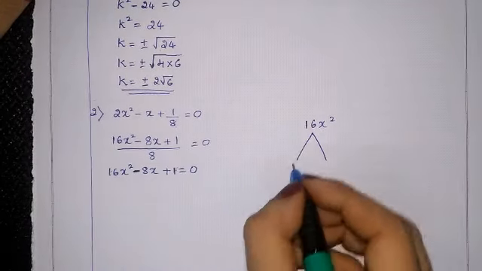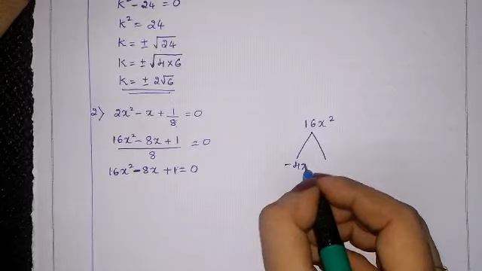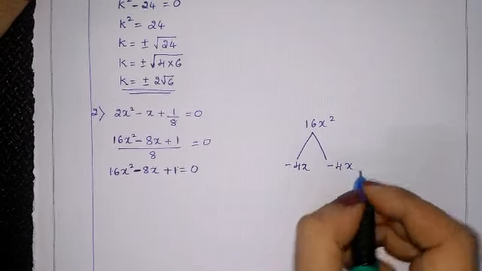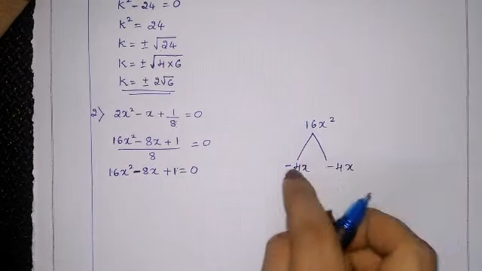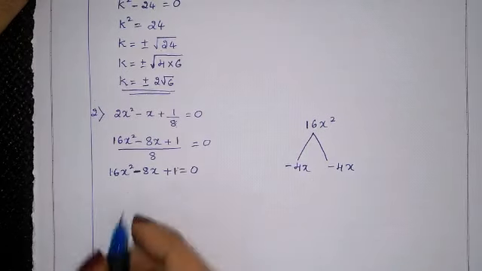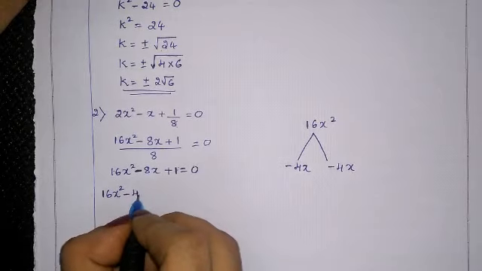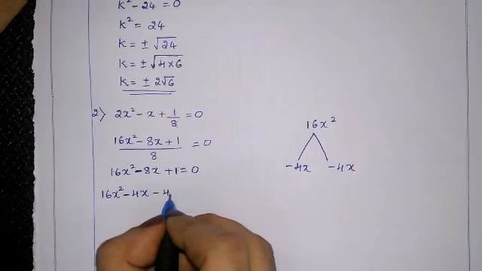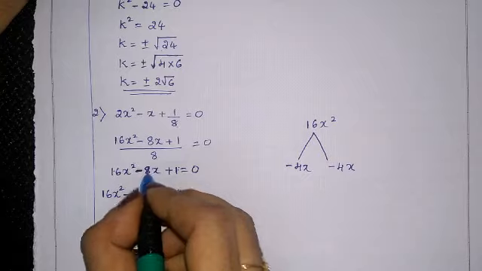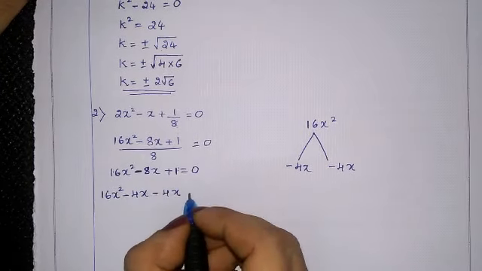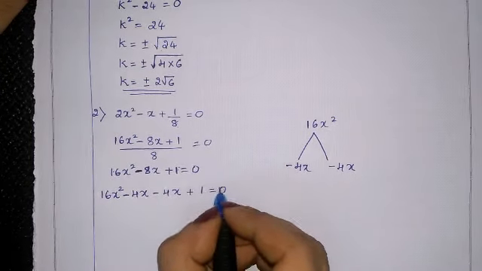So minus 4x into minus 4x. See, minus minus plus 4 4s are 16x square. So we got 16x square as it is, minus 4x in place of minus 8x, minus 4x plus 1 equal to 0.